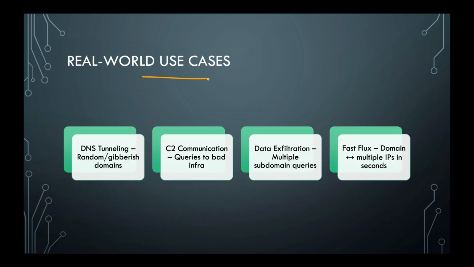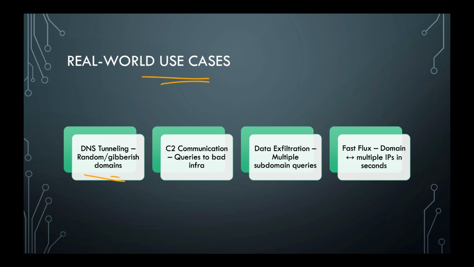All right, so real world use cases. Let's walk through a few real world detection use cases using DNS logs. Number one, DNS tunneling. You notice DNS queries for domains that resemble random strings.